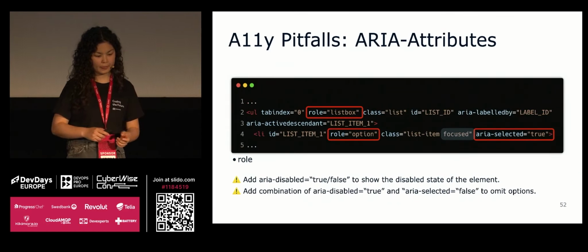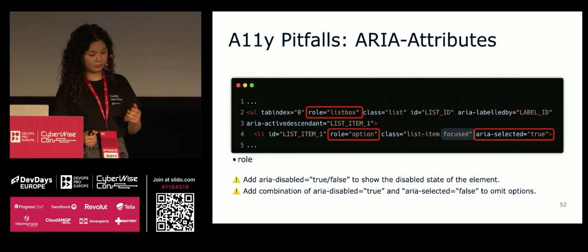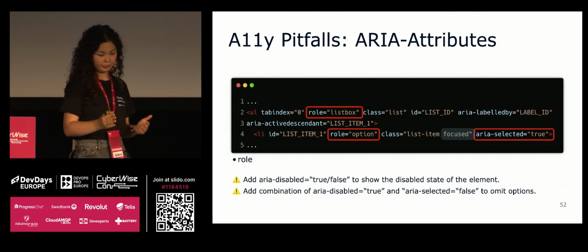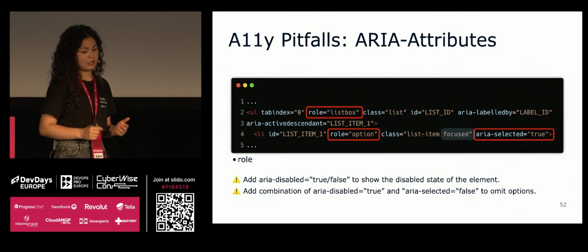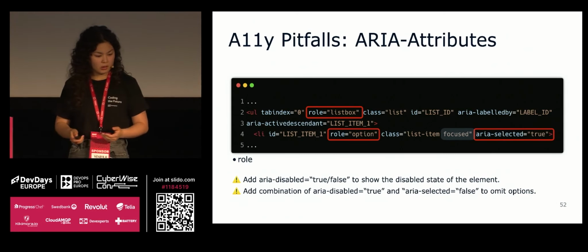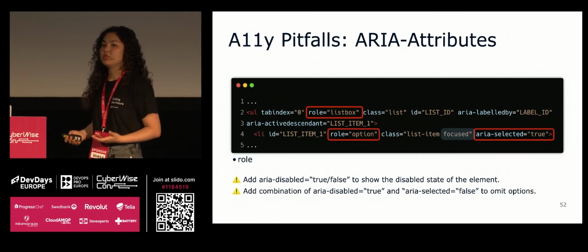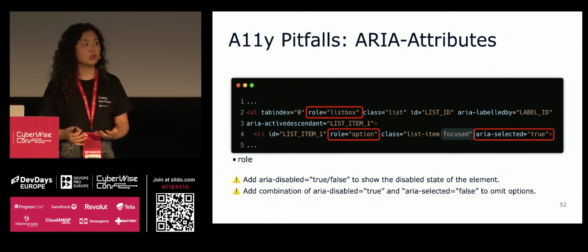And to give additional information, I'm passing ARIA selected true or false to each one of the items, depending on its selected state. In some situations, you might want to hide options from your list, right? Sometimes it's disabled. So you can use ARIA disabled true and ARIA selected false to omit that option from the list, and it is as if it never existed there.